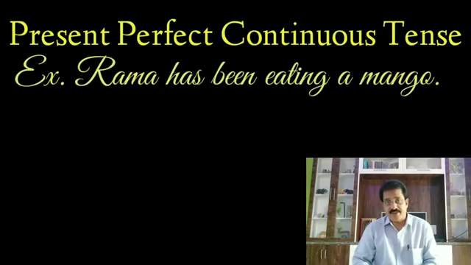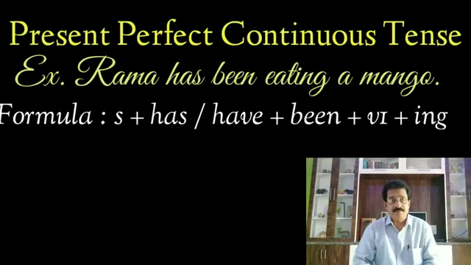Let's see the structure. What are the basic elements needed to construct a present perfect continuous tense sentence? Rama, subject; has, auxiliary verb; been is a new auxiliary; eat, V1; ing for continuous.